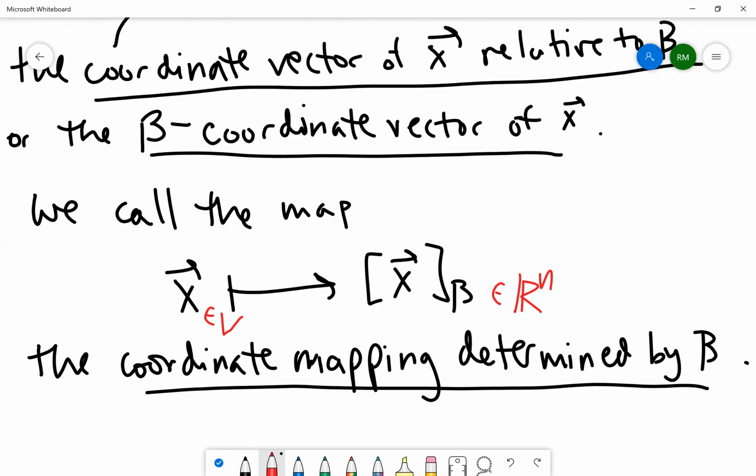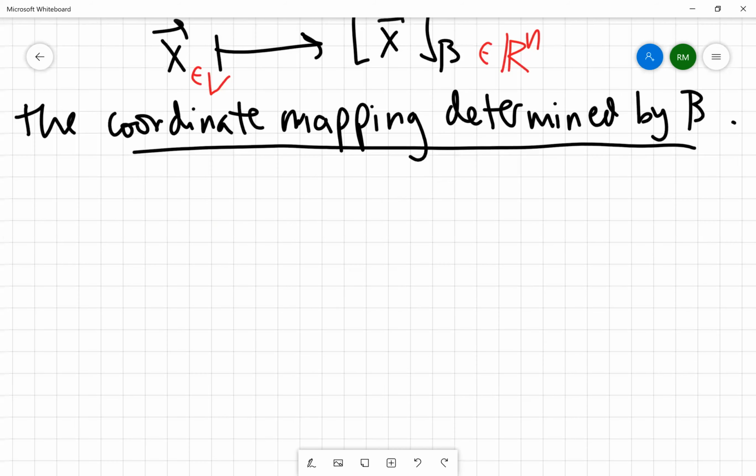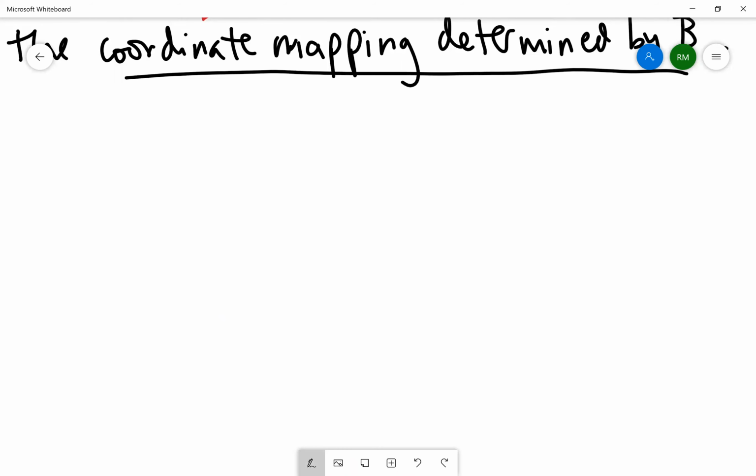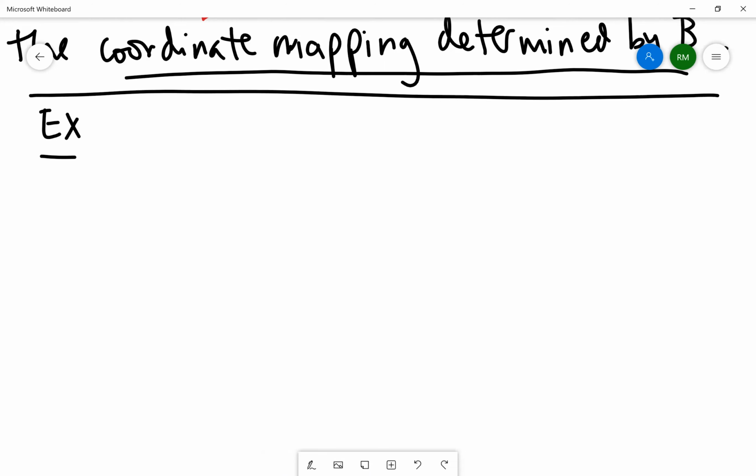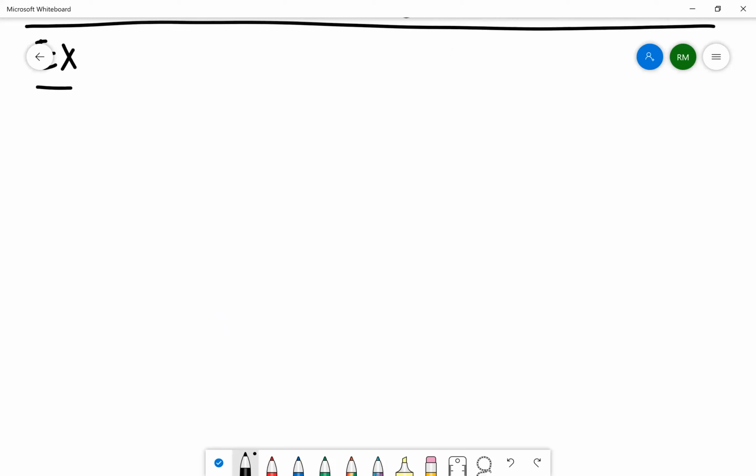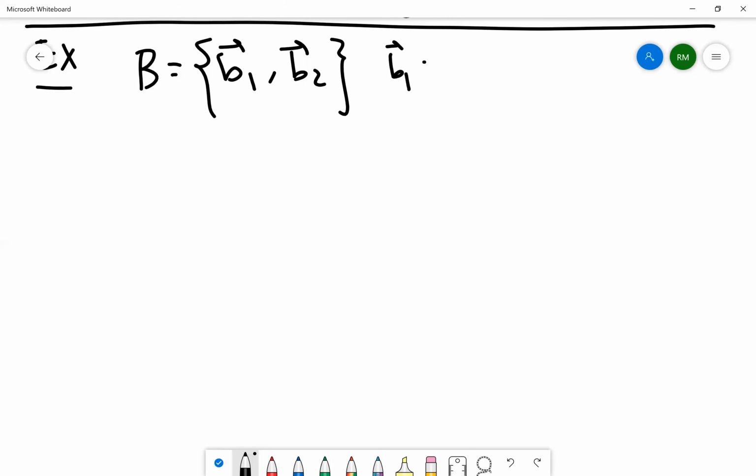Okay, so I'm going to work on an example from the book and show you how this works. Hopefully my device will color this well. Okay, so we're going to look at an example where we have a basis with two elements, B1 and B2, and we're going to let B1 equal the vector 1, 0, and we're going to let B2 equal the vector 1, 2.